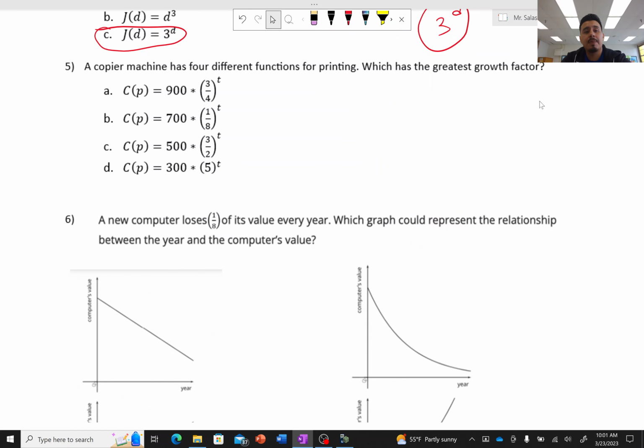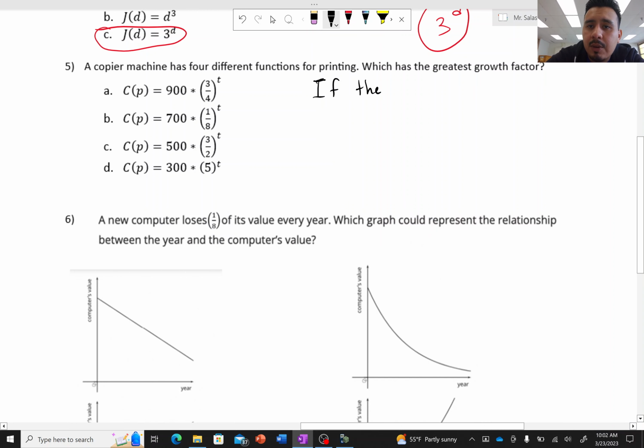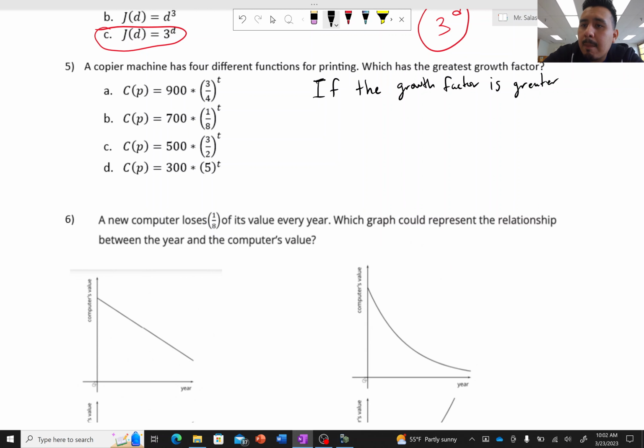Hopefully you remember that if, let me see if I have enough space to write these sentences. If the growth factor is greater than 1, what is happening?